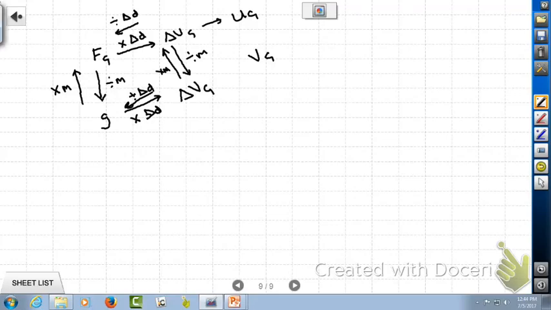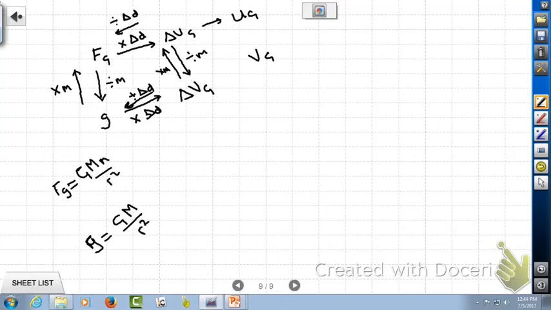But what I can do is I can tell you that FG is equal to big G, big M, little m over R squared. And I can tell you that little g is equal to big G, big M over R squared.